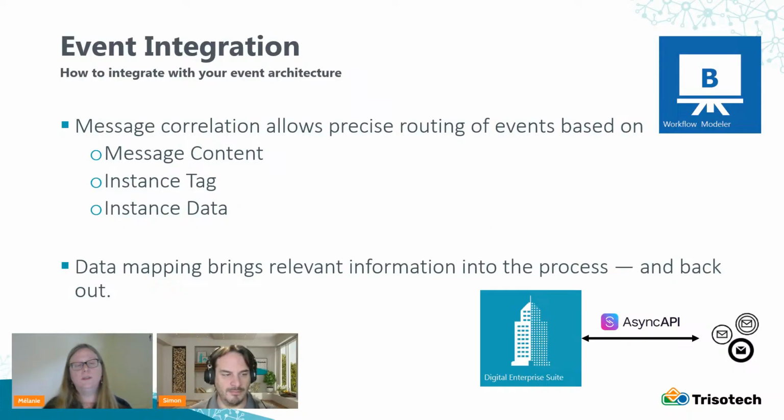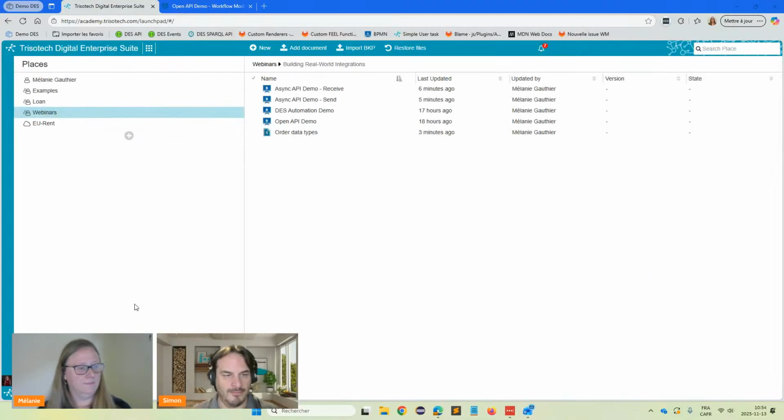Again, in the event integration you can use data mappings to take the information that's coming in from the message and use it in some operation or business logic. And at the end, you can again send back some data to your organization's systems with the data mapping. And all of those use the AsyncAPI standard to be defined.